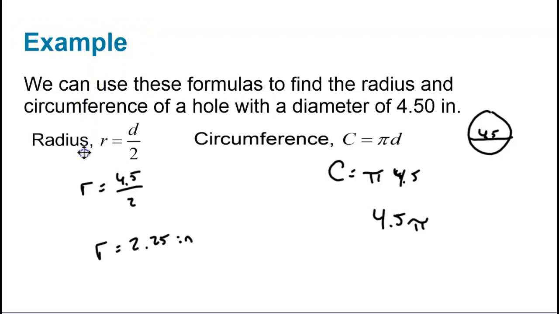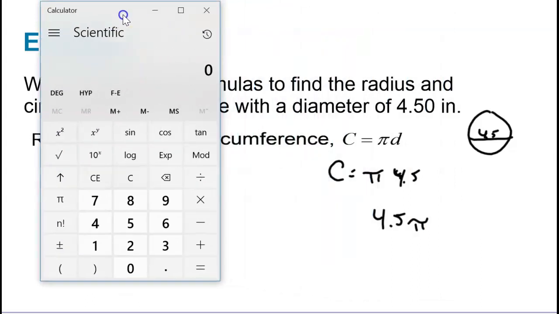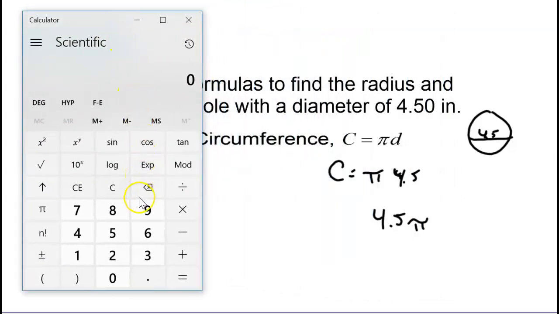If we go ahead and put it into the calculator, which we will, we have an issue, for the calculator rounds pi down to the 10th digit.